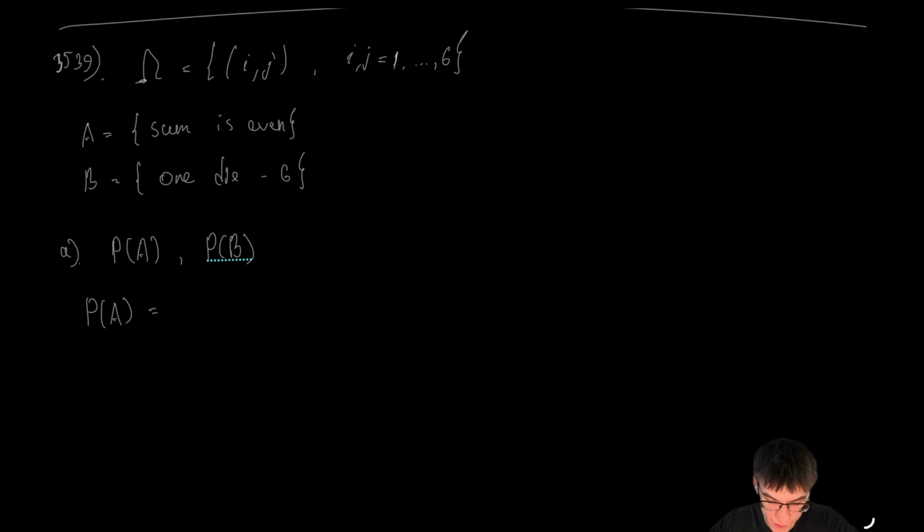The probability of event A is obviously when the sum is even. Let's just try to list out all cases when the outcome is even. Obviously, the first case is when we have two odd numbers, and the second scenario is when we have two even numbers. In case we have one even number and one odd number, their sum will be obviously odd.